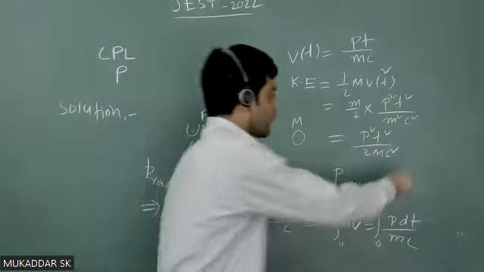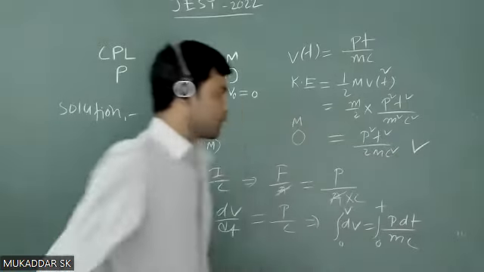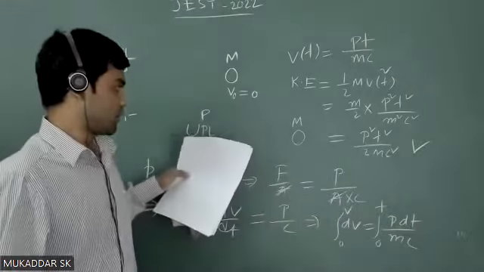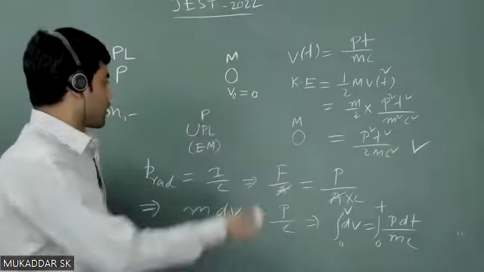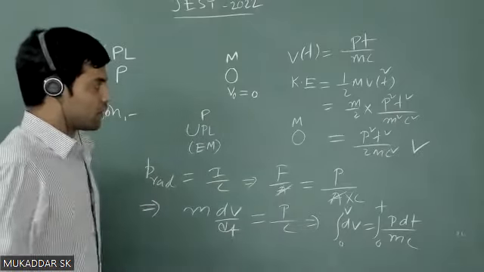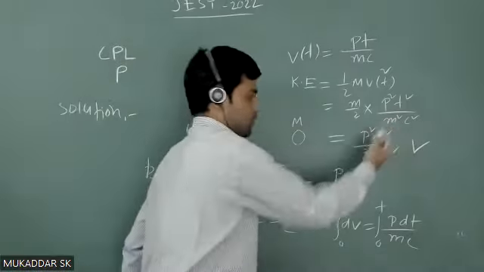So this will be the kinetic energy if the light is unpolarized. But if this light is circularly polarized, then the kinetic energy will be higher than this part.